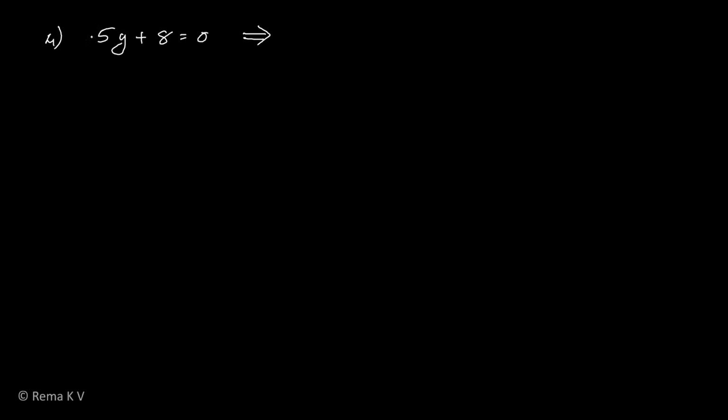Here only the coefficient of y is there. We can write this as 5y is equal to minus 8, which can be written as 0x plus 5y plus 0z is equal to minus 8.